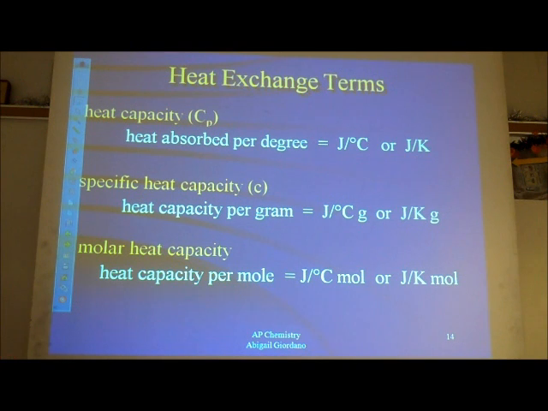Let me say that again. It's easier to raise the temperature of iron than water. So would iron have a lower or higher specific heat capacity? Lower. Less energy is required to make the same temperature change.